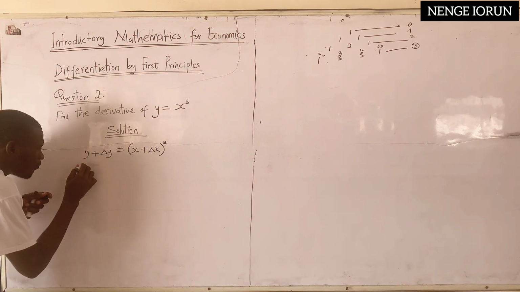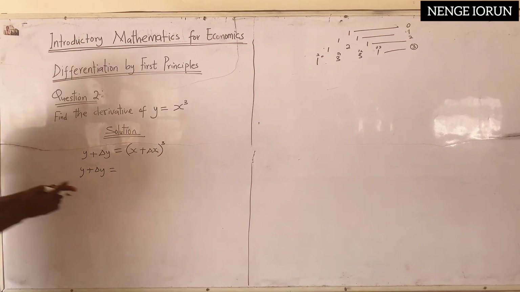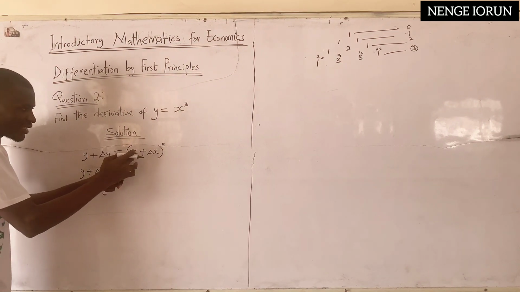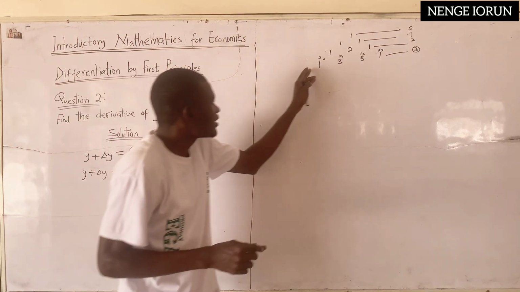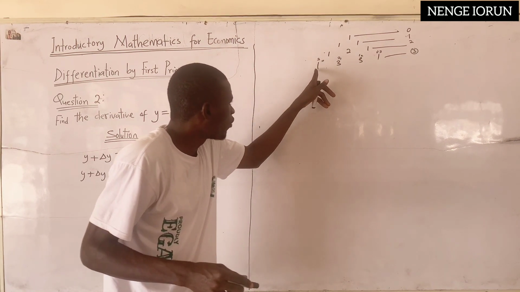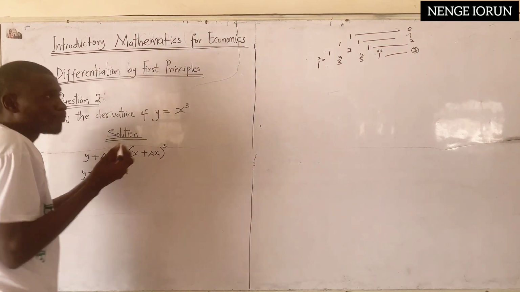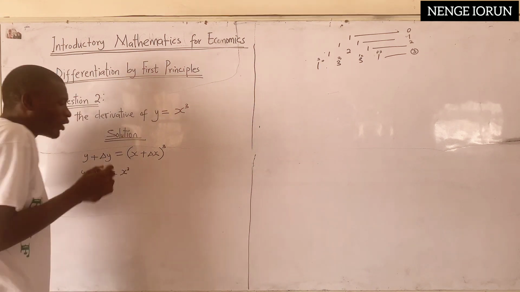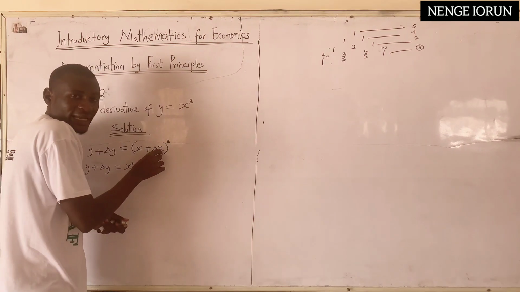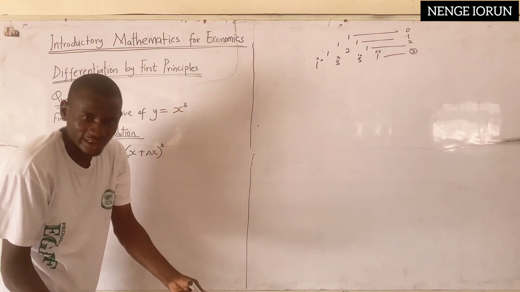You have y plus delta y is equal to expand this bracket, you have 2 variables, x and delta x. The first coefficient is 1, so that is x, and the power of x is 3. So the other one, delta x, is 0. No delta x, 0 means nothing.